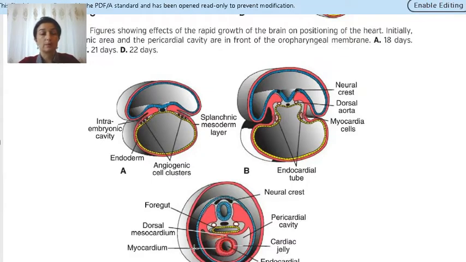Before lateral folding of the embryo, we have two tubes, on the right side and on the left side.